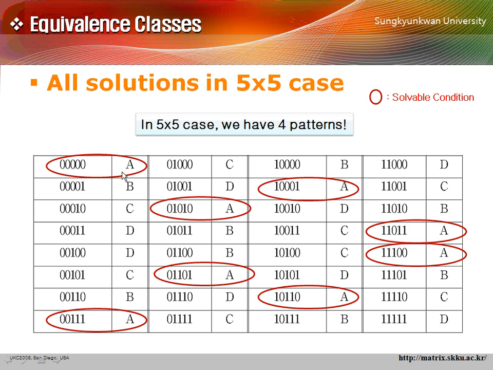This is the pattern of the fifth row, the very bottom one. It can be all white, or all black, or some white and some black. So there are 2 to the 5th cases. But some of them can be obtained from others.